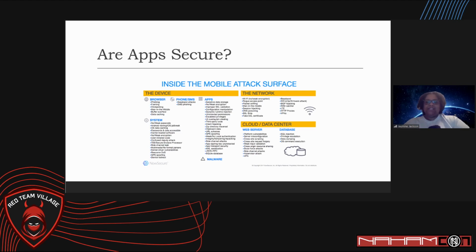I like this diagram from Now Secure, and it pretty much lays out the threat vectors for mobile attacks. As I said before, your smartphone is a mini computer, so you have really three areas of attack. You have the physical device itself, you have the network, because when you send and receive data, it's using a network, and you have the cloud and center, like a web server, a database.